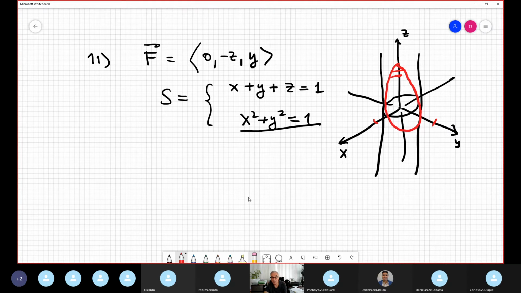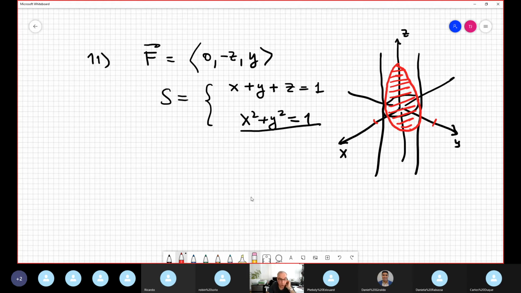Okay, this is our surface. Es elipse, pero elipse en 3D. You can rotate in GeoGebra and you see, es elipse. So in my opinion, the best way to face that problem, so they want that you verify.